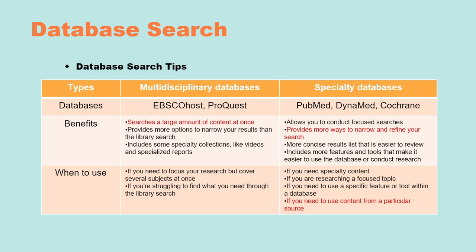This form is a comparison chart between multidisciplinary databases and specialty databases. It tells you the benefits and when to use them. It depends on whether you want to browse. Red text highlights key advantages like this one. If you need to use content from a particular source, for example, you ought to go to Dynamite.